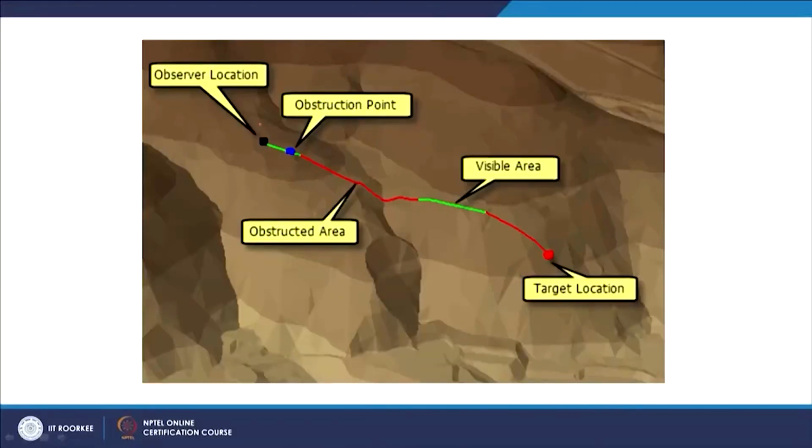So, this is the observer location as you can see, and this is the target location. So, which are the areas which are completely obstructed from the observer location, and this is the obstruction point here, this is the obstructed area here, and then this area would be visible. So, for defense purposes or for many other reasons, these things can be done to that extent.